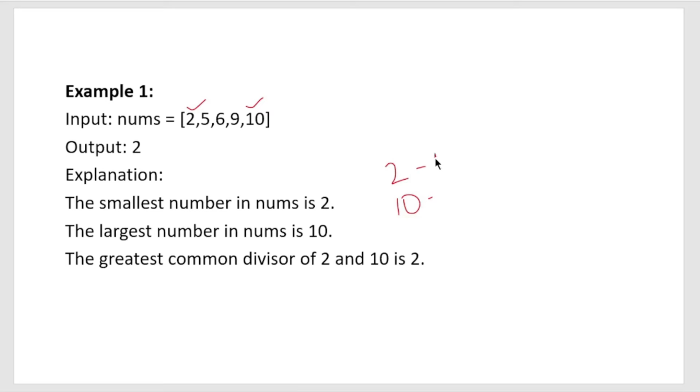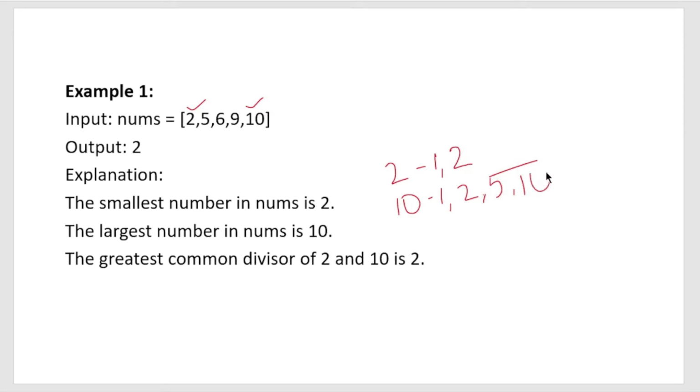Suppose we take the divisors: for 2 we have 1 and 2, and for 10 we have 1, 2, 5 and 10.